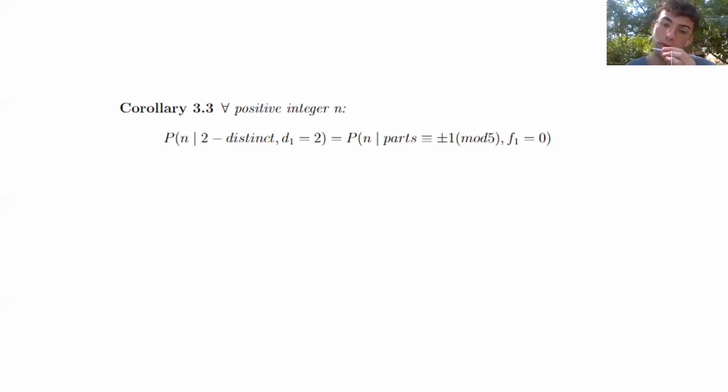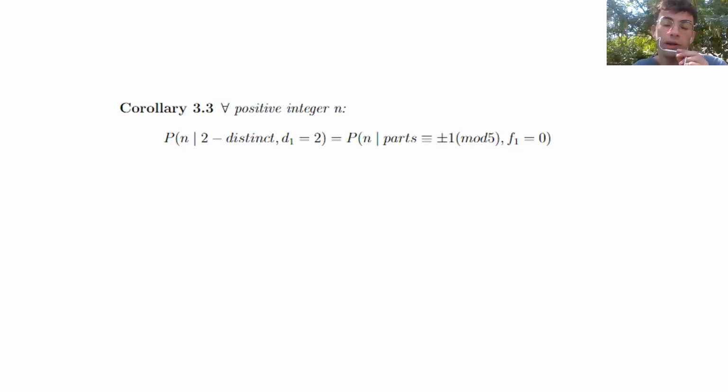Now d1 is 2 on the left-hand side, and on the right-hand side we have f1 is 0. So in order to prove the Rogers-Ramanujan identity, maybe we can find a bijection between 2-distinct partitions with d1 equal to 2, and partitions with parts congruent to minus or plus 1 modulo 5 with f1 equal to 0.